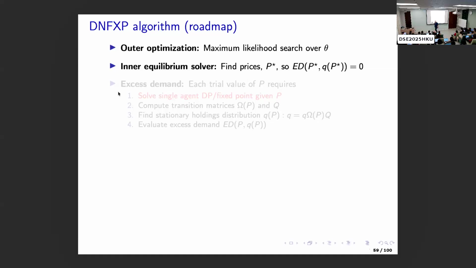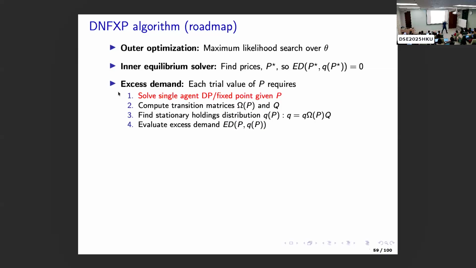Now, in order to figure out that demand and supply, you need a model for individuals' trading decisions. For a given price vector, you have to solve single agent dynamic programming problems. Given that, you can compute the trading decisions, how the musical chairs are changing, like you're selling a Volvo and someone has to buy it, right? So there's a trade transition matrix implied by the conditional choice probabilities of this model.